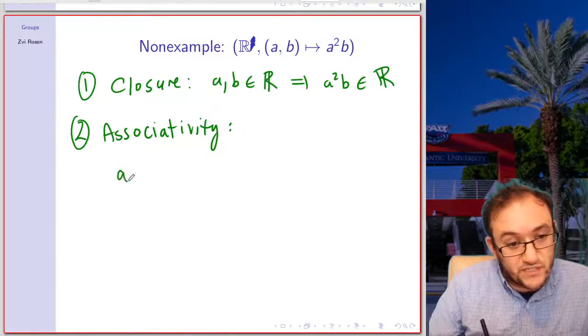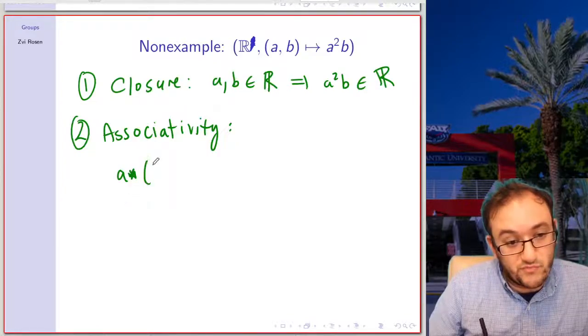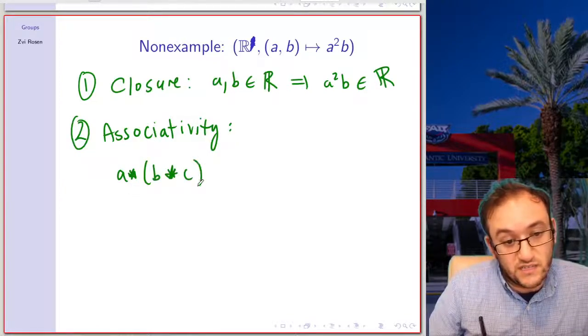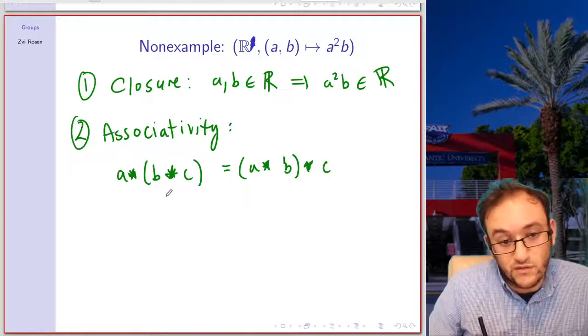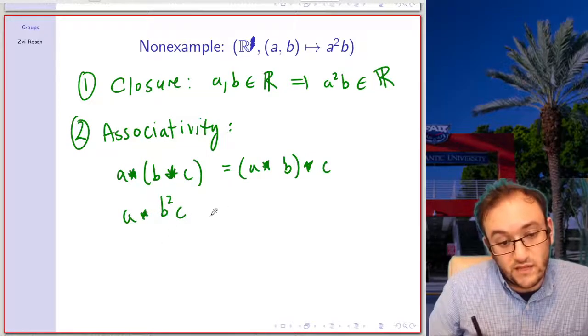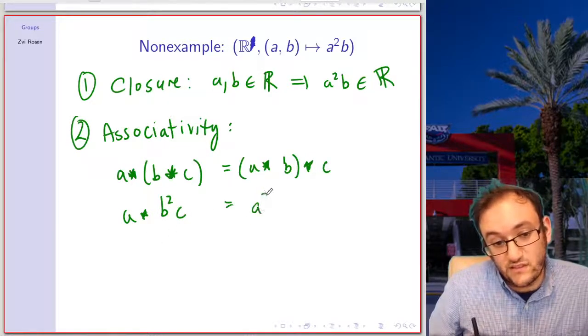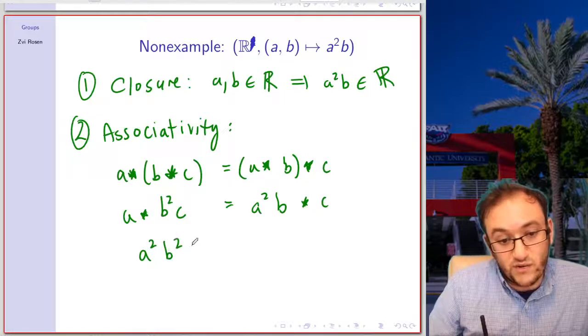So let's say we're trying to do a star b star c, where our operation is star. Well then b star c is equal to b squared c, and then a starred with that is equal to a squared b, and star with c gives a squared b squared c.